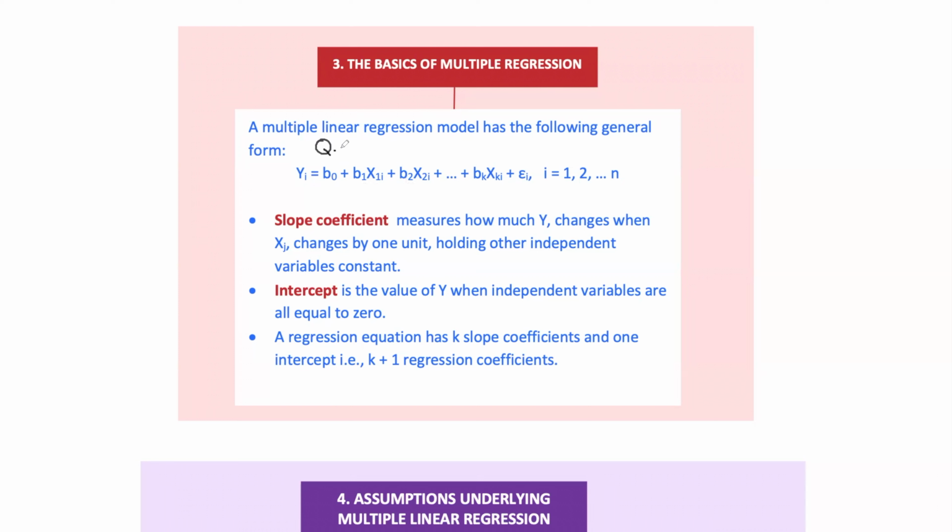Imagine you're forecasting quarterly sales for a retail chain. Your baseline might represent the expected sales when factors like advertising, store foot traffic, and competitor pricing are at a neutral level. If you increase advertising spend, the model adjusts your forecast upward by a specific amount that reflects how much extra sales you expect from that increase.